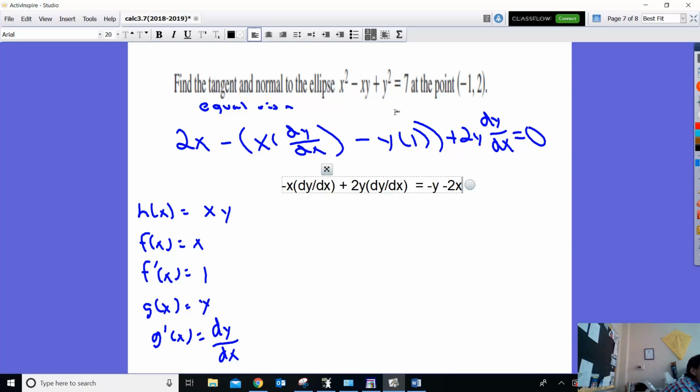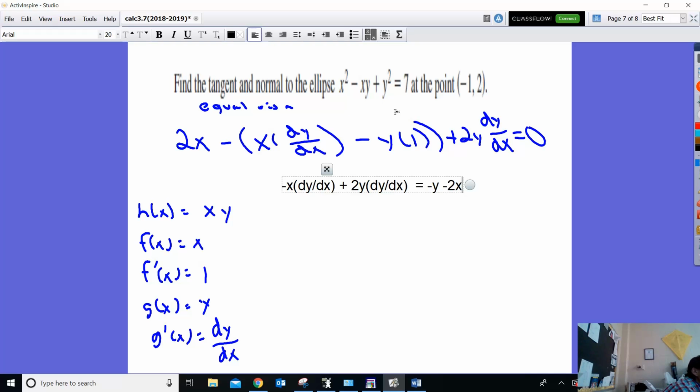I'm just doing a whole lot of things at once. The only thing in front of it was a negative symbol. Okay, you just moved it over. I just moved stuff around.